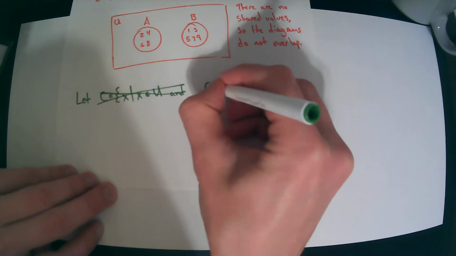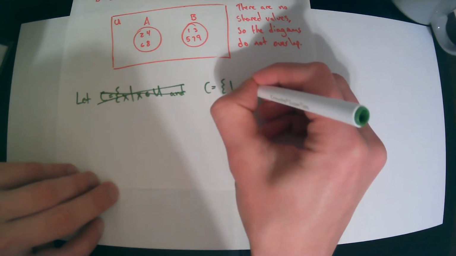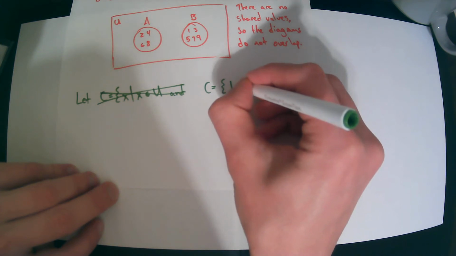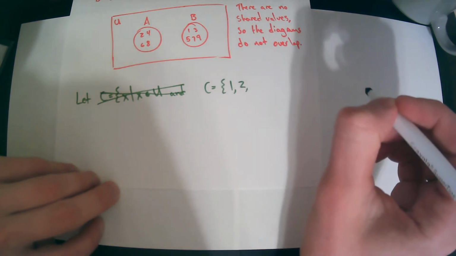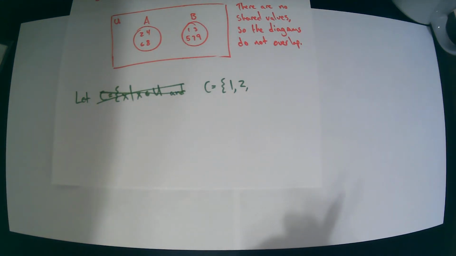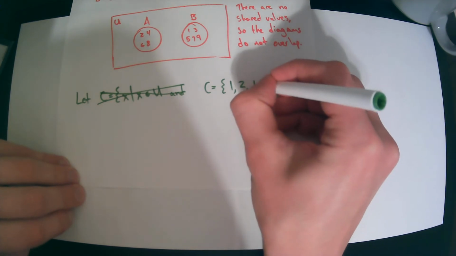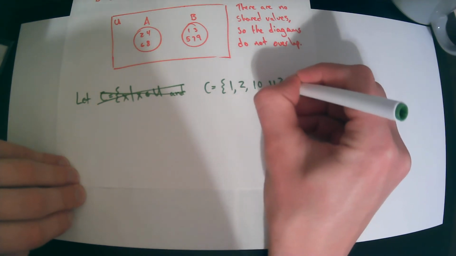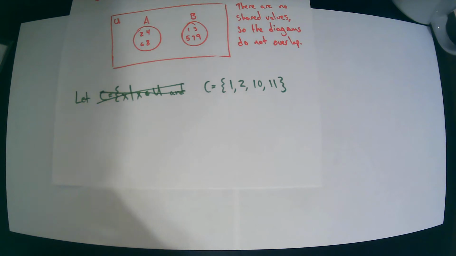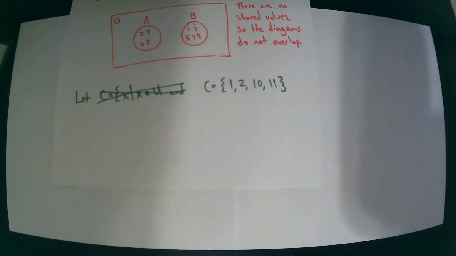So C is equal to the set 1, 2, 10, 11. I don't want to make my picture too complicated. How could we make that work?